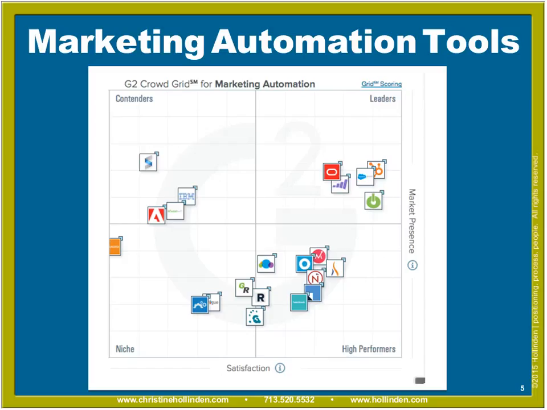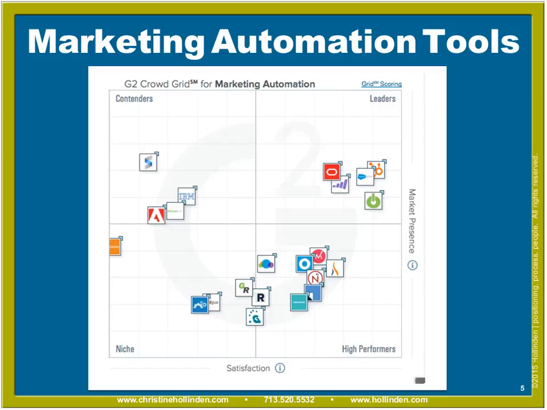There is a lot of marketing automation software available, as this chart demonstrates. We don't have time today to get into a lot of them, but I want to walk you through some of the leaders. Some of the leaders include HubSpot, Pardot, Act-On, Eloqua, and Marketo.